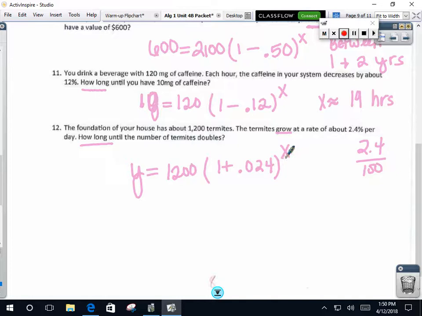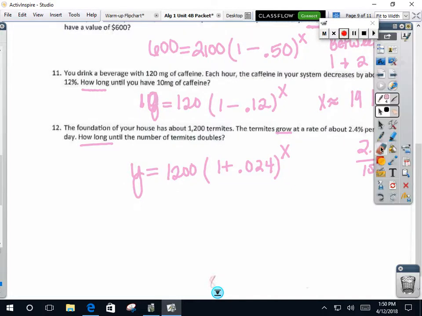So what else do I have to plug in? Well, we don't know the x. Okay, so what does that mean? It will reach 2,400, which is when 1,200 is doubled. Now you will graph that and figure out the x value that it would take to be 2,400 in the y place.